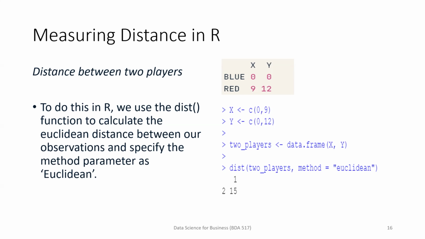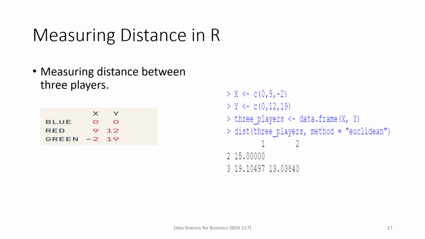So now let's add another thing. Let's move to 3 players. For your X, we want to add the position of the 3rd player, green. On my left-hand side, the green position is -2 and 19.